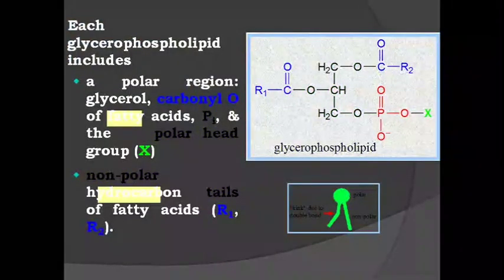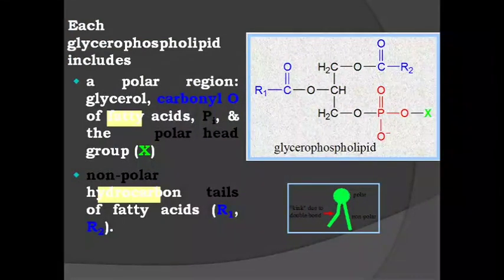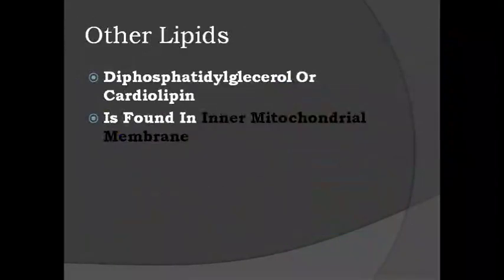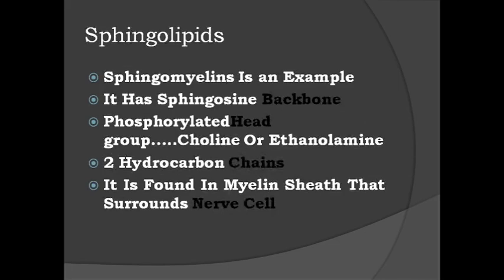This is again the structure of glycerophospholipid, and kinks are observed because of the double bond in the unsaturated fatty acid chain. Other lipids are also found in the membrane. They are diphosphatidylglycerol or cardiolipin. It is found in the inner mitochondrial membrane of eukaryotic organisms.